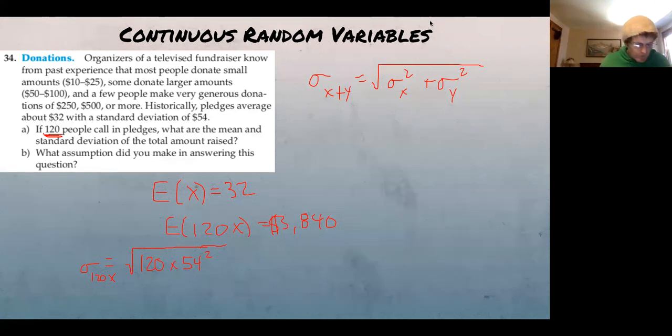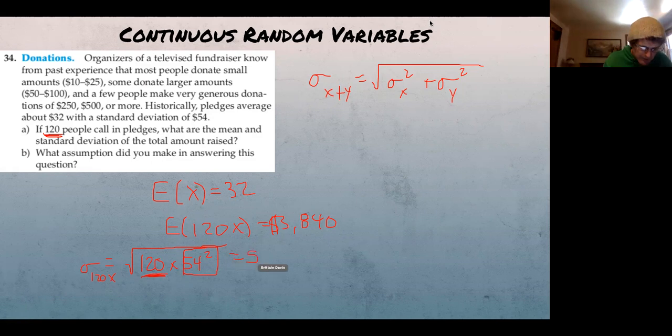We have 120 different events of a variance of 54 squared. So I'm going to take that 54 squared, multiply by 120 because of the 120 people that called in. And once I get that total number, which is quite big, I can take the square root of it. And this does give me, let me put it in units, $591.54.